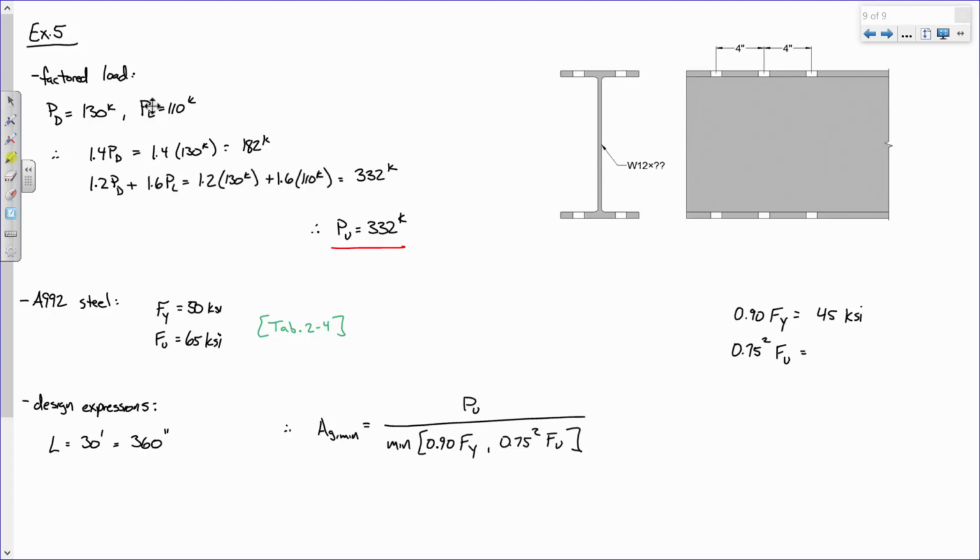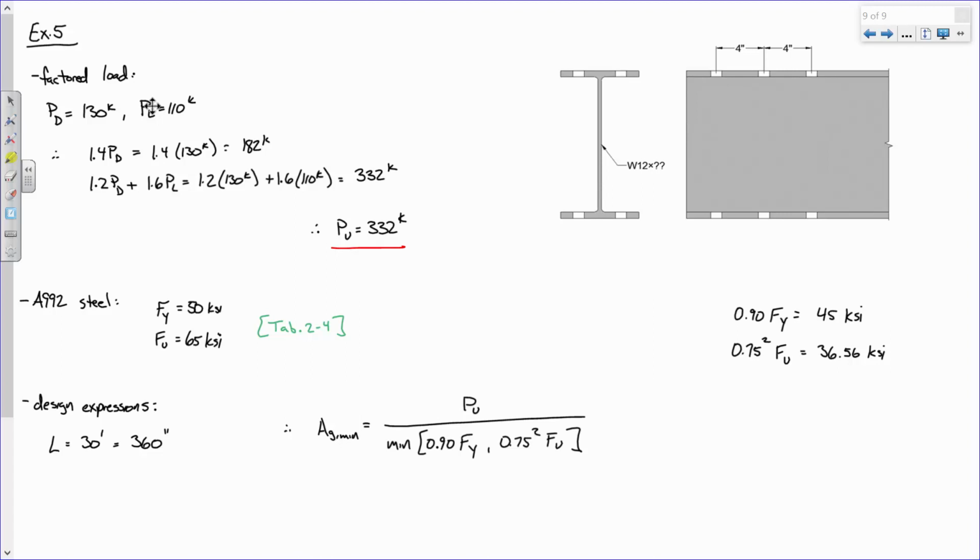So somebody have a value for this? 36.6, you said? Give me one more. It's 36.56. So say 36.56 KSI. That's good enough. Is everybody okay with that? Do I have a second?